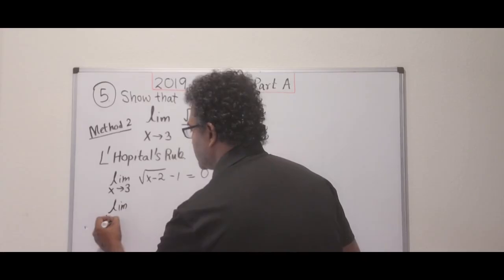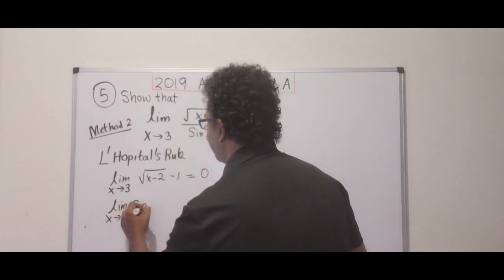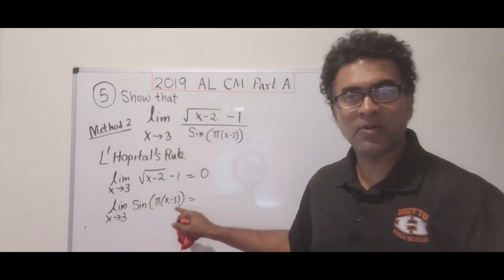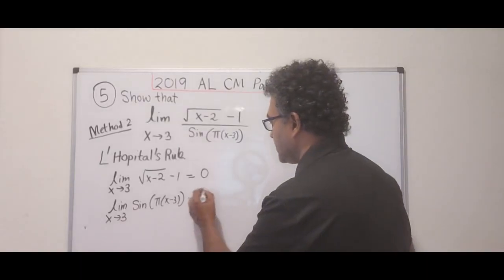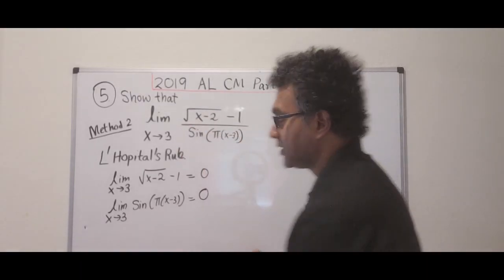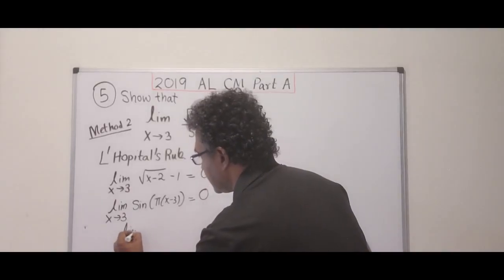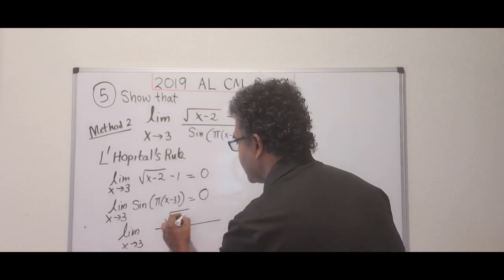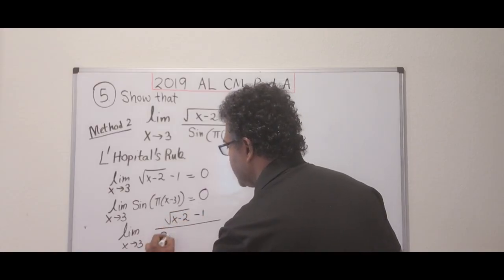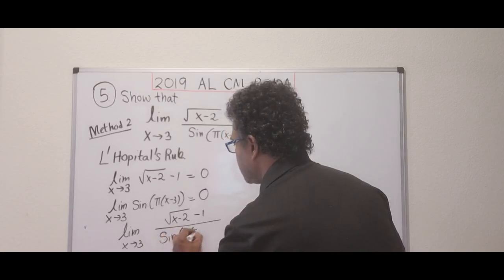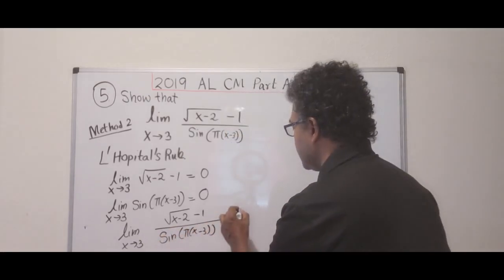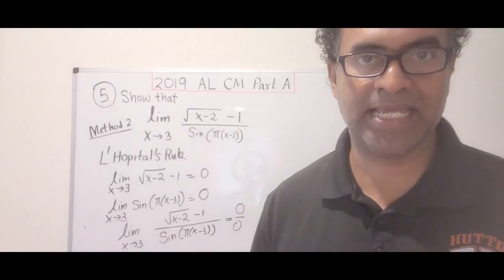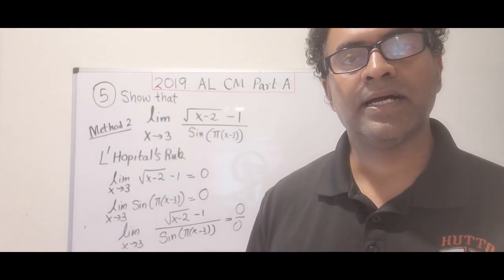Limit as x goes to 3, I have sine pi x minus 3, and that's also going to lead us to 0. So then this ratio, limit x goes to 3, square root x minus 2 minus 1 over sine pi x minus 3, is going to be 0 over 0, which is undefined. So in that case, we can actually apply L'Hopital's rule.